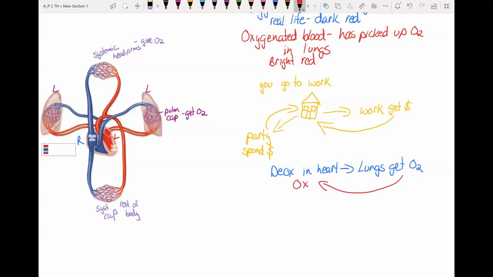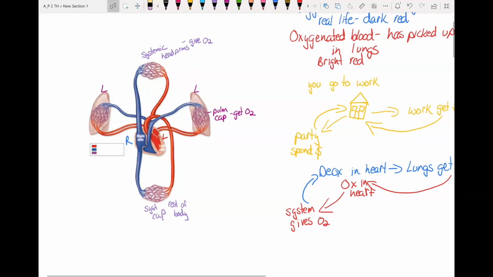Now you have oxygenated blood in the heart. This oxygenated blood goes out to systemic, it goes out to your body, and it gives oxygen. Then it comes back to the heart as deoxygenated. So the blood is always going to go from the heart to the lungs, back to the heart, and then from the heart to the body, back to the heart. It's this figure 8 pattern.